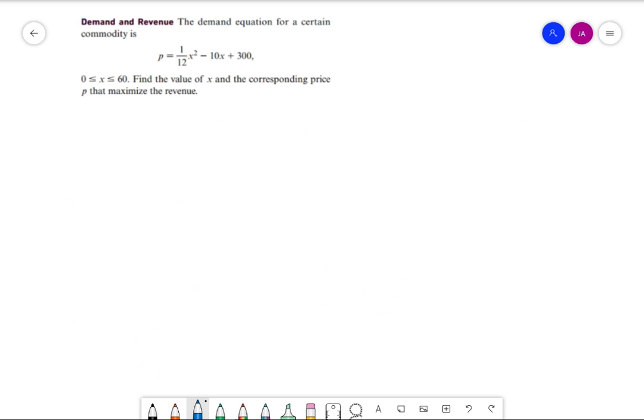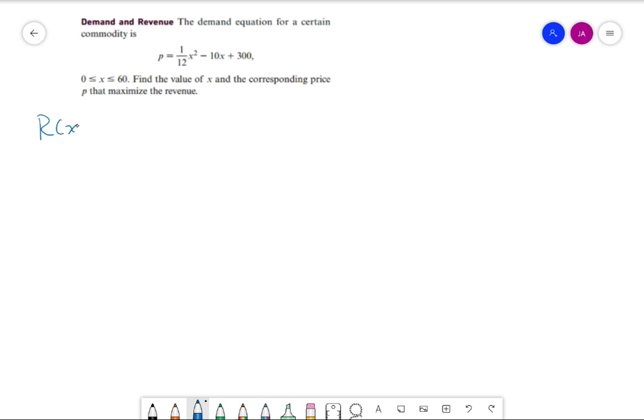So here we're given a demand equation for some commodity, and they give us a little bit of information. They tell us that this is the demand equation, but it only works when the amount sold is between 0 and 60. And so we're supposed to find the value of x and the corresponding price p that will maximize the revenue. Now, recall that what is our revenue?